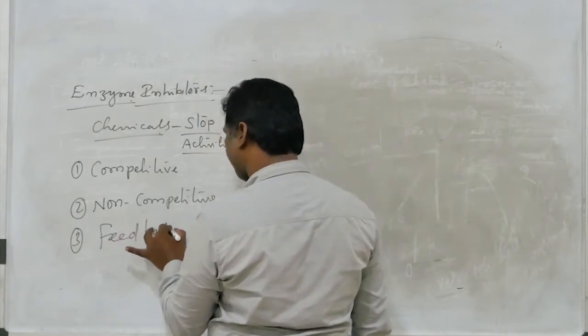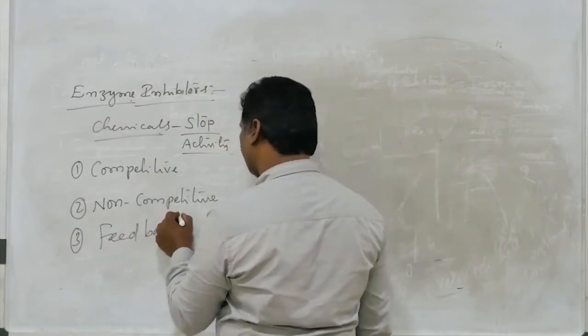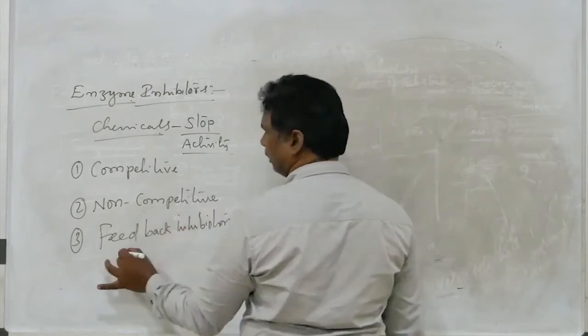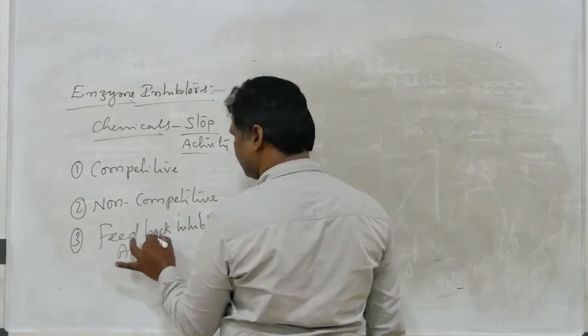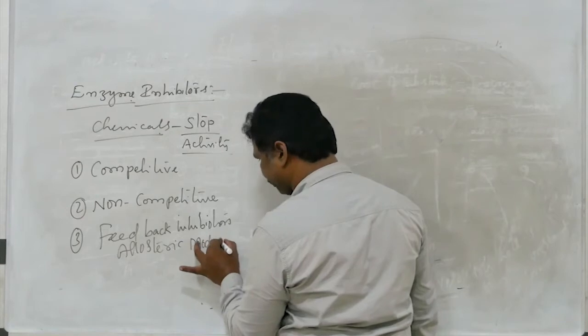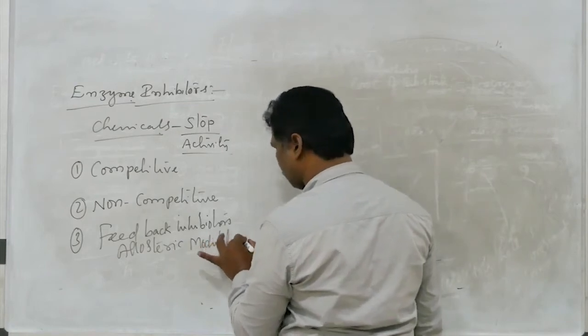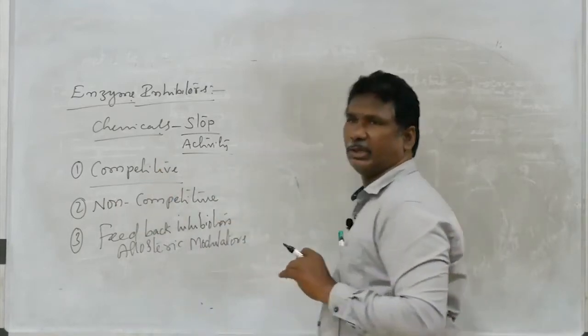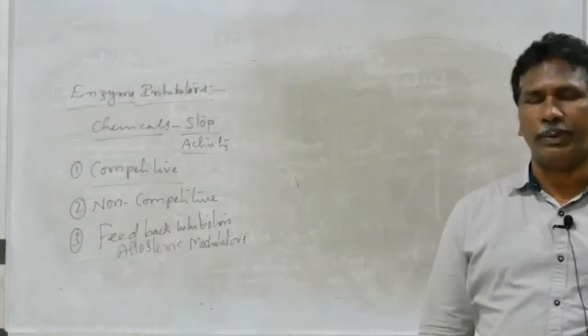Feedback inhibitors are also called allosteric modulators. So there are 3 types of inhibitors. First one is the competitive inhibitors.